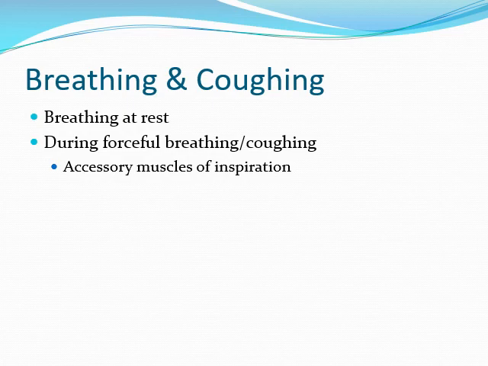So forceful breathing and coughing, you will have that forced expiration, plus you'll also use your accessory muscles of inspiration. So things like the sternocleidomastoid, the pec minor. You can actually get the lats to help as well. Many times we rest our hands on our thighs, and part of the reason why we do that is that it actually tenses the lats, and that helps with breathing.